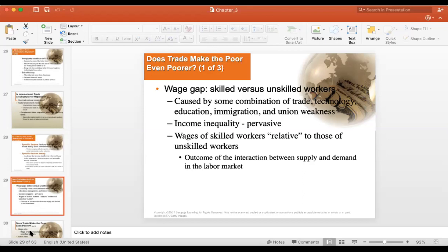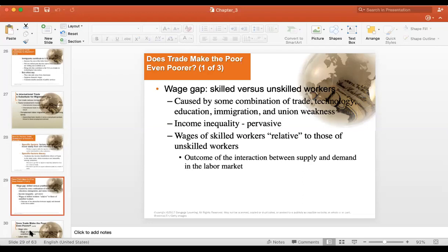However, let's look at a simple model, a demand-supply model, to see what the impact of these factors is on the wage gap between skilled and unskilled. On the vertical axis, we want to measure the wages of skilled workers relative to unskilled workers.